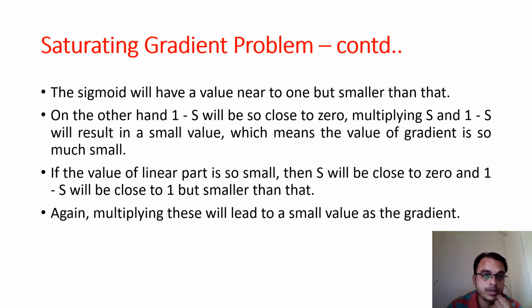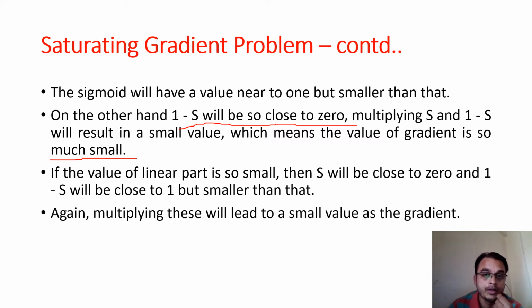Now s is close to 1, and on the other hand 1 minus s becomes close to 0. So multiplying s and 1 minus s results in a very small value. Why? s is a high value and 1 minus s is the smallest value, which means the gradient will definitely be very small. The change happening is very small.